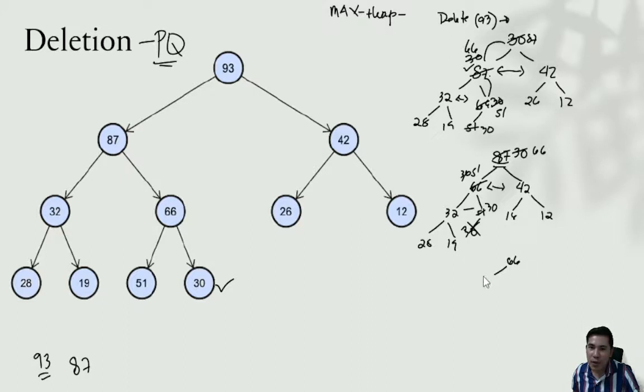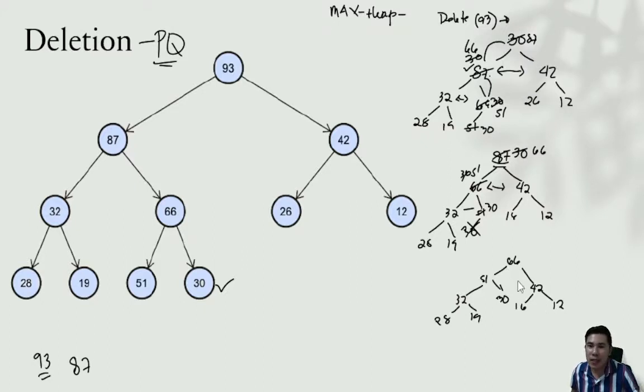Okay, so you have your 51 and then followed by the right child, which is 30, your 32, your 28, and 19. And then 66 right here will have 42 as its right child, and then 16 as the left child, and there are no changes.